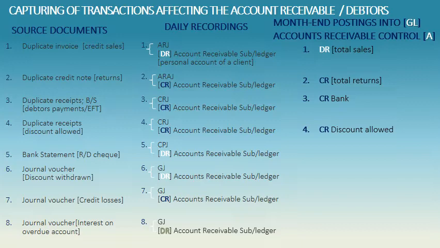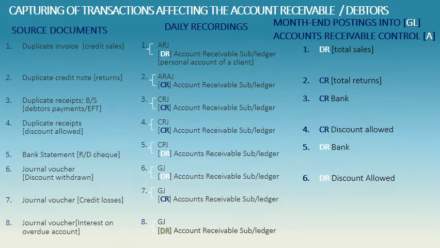The accounts receivable control in the ledger was credited with the discount allowed posted from the cash receipt journal, being the discount that was allowed on the debtors' payment. The accounts receivable control in the general ledger was debited with the bank from the cash payment journal, being the unpaid check returned by the bank.